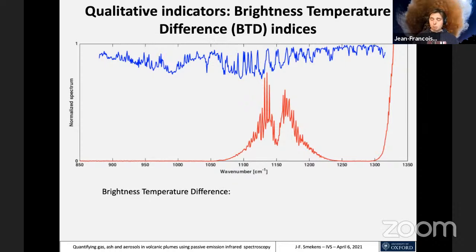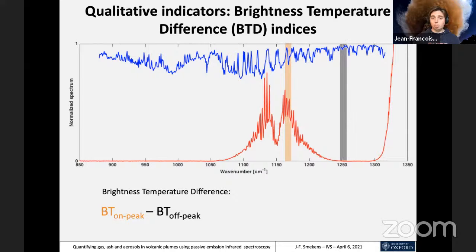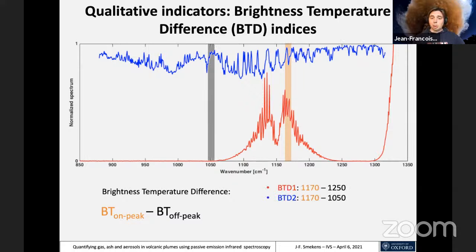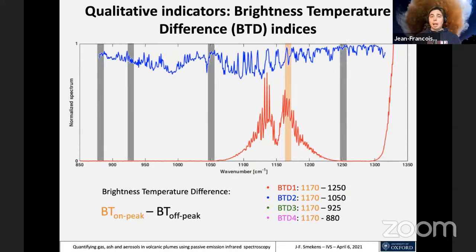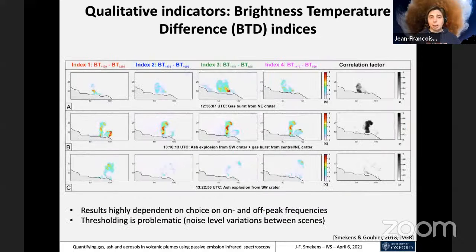The principle here is to define an on-peak band and an off-peak band, and to essentially subtract the brightness temperature measured in one from the other. We've tested 4 different indices by varying where the off-peak band might be in our spectrum. And then we can generate, again, quick indicators.